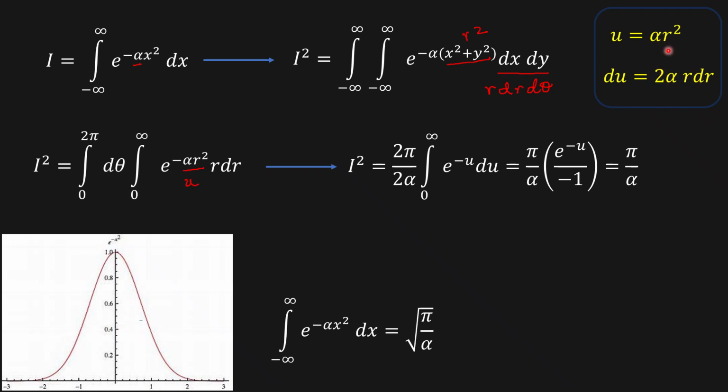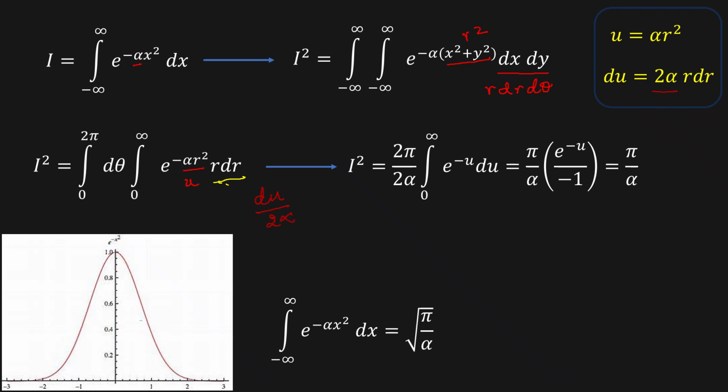Already there is alpha. This will become 2 alpha r dr. So now what we want is this r dr. So if you bring this 2 alpha to the other side, r dr will become du by 2 alpha.